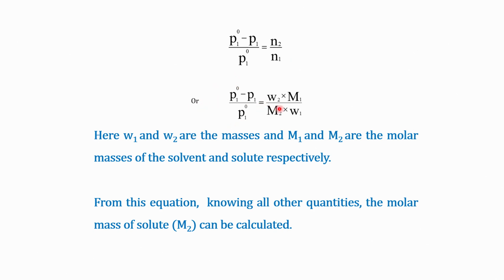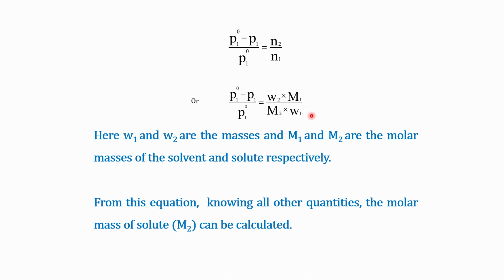We can write N2 in terms of mass: W2 divided by M2, and N1 as W1 divided by M1, where W1 is the mass of the solvent and W2 is the mass of the solute, with their molecular weights. From this equation, knowing all other quantities, the molar mass of the solute M2 can be calculated.